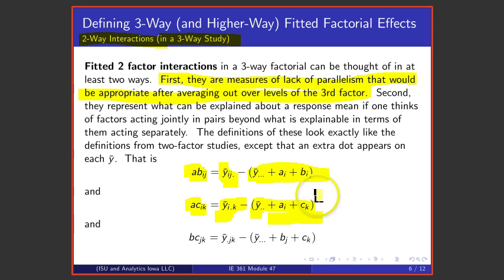That's what's explainable in terms of factors A and C acting separately. And these BC two-way interactions are the difference between what you can explain using the two factors acting jointly, compared to what you can explain with the two factors acting separately.